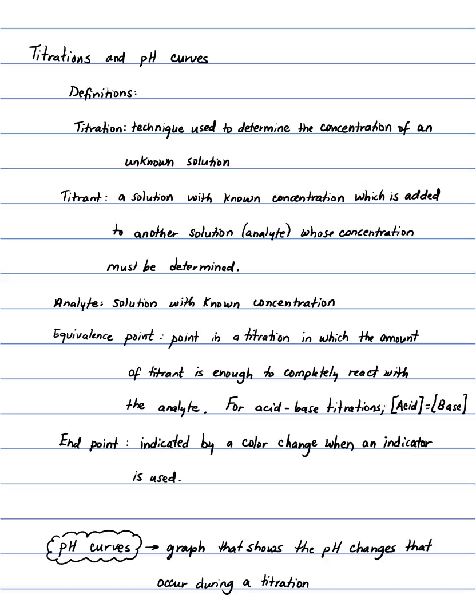Equivalence point is that point in your titration where the concentration of the acid is equal to the concentration of the base. And the end point is where we get to see an actual color change if we're using an indicator, which is not the case for all titrations. Some of them we use an indicator. In some of them we just use a pH meter to determine the pH value and how that pH value is changing as we add the titrant to the solution.